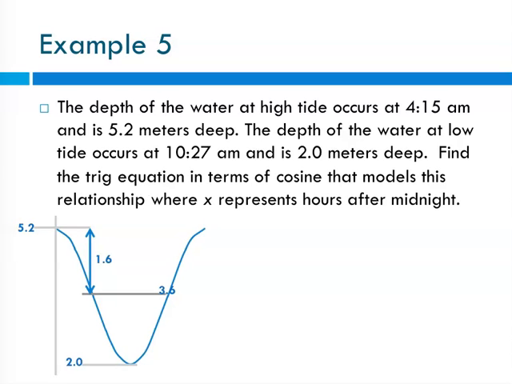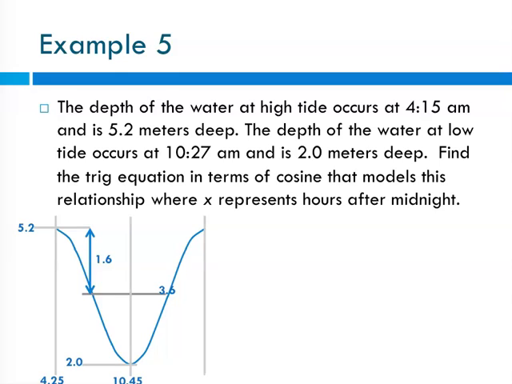Now we want to do the same at 10:27 a.m. That is 10 hours and 27 minutes. Now 27 minutes, put it over 60 to determine what decimal part of an hour that is, and that should give you 10.45.